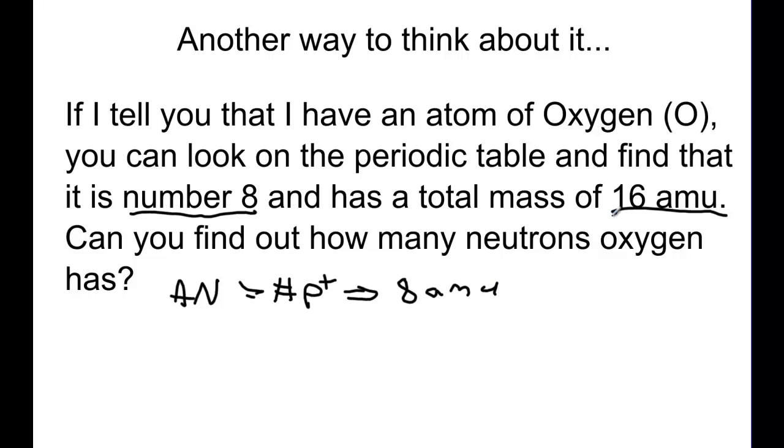Simple enough. Well, if I have a total of 16 and only protons and neutrons contribute weight to the atom, then I know that I must have X number of neutrons, and they must add up to 16 total. So in this case, X equals 8. So again, we'll do more practice with these.